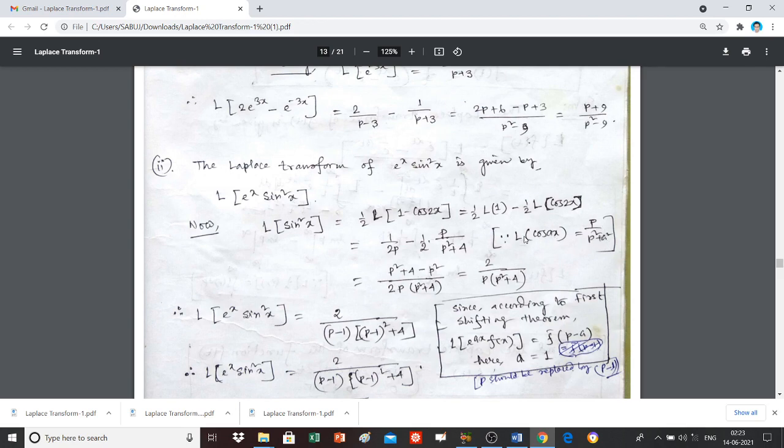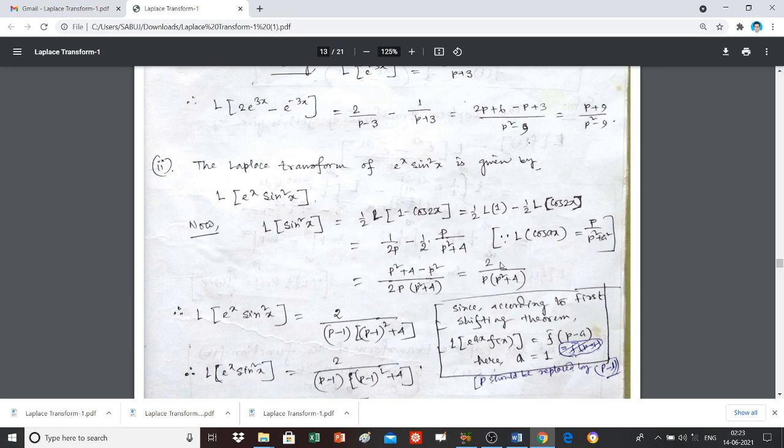This was calculated at the very beginning of this chapter. Just substitute the value here. So that is equal to minus half, then p by p square plus 4, because in this case a is equal to 2. So by simplification, 2p and p square plus 4 are here. From here p square plus 4, then minus from here p square.